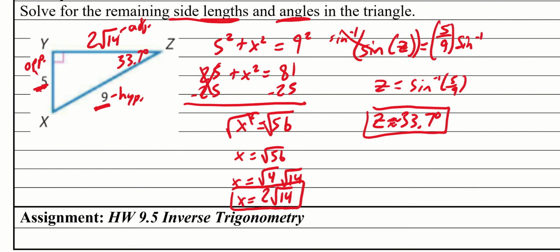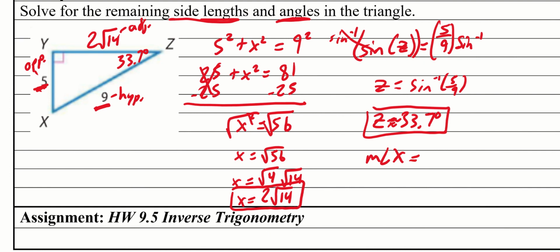Okay, and then for the last one here, to solve for angle x, we'll just call it measure of angle x, not to be confused with the variable that we had earlier. If we wanted to, we could set this up multiple ways. We could either use trig functions, because we do have side lengths that we can use to do that, or even easier is I know all 3 of the angles in this triangle are going to add up to 180.